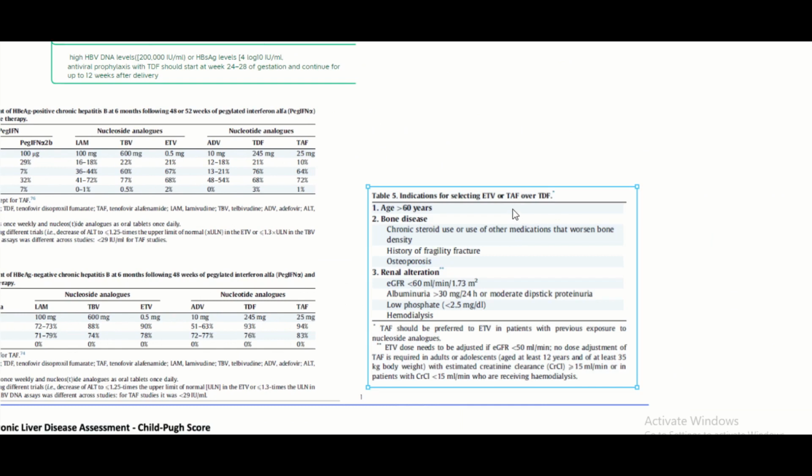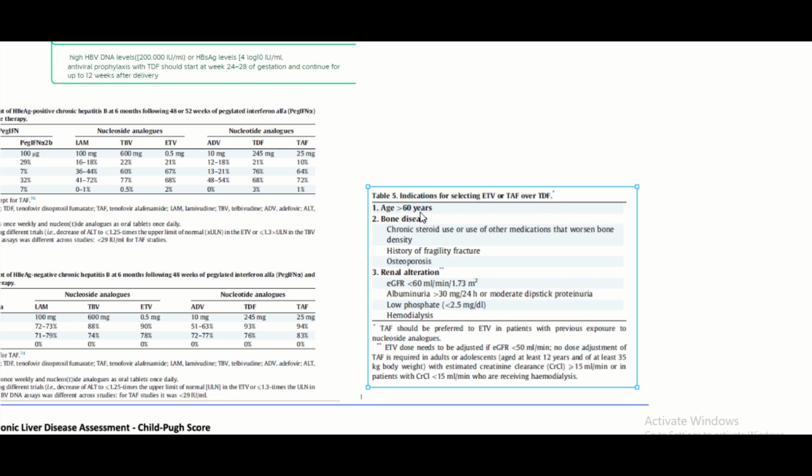But as we can see, this shows that the failure of our drugs after 52 weeks of therapy is really low compared to the old generation of interferons.